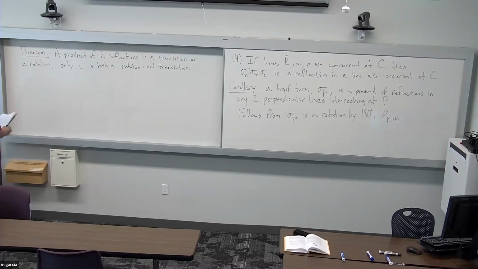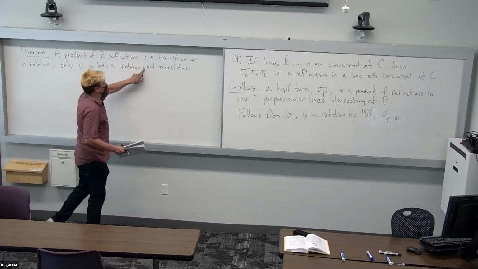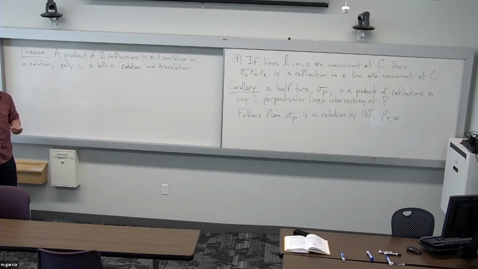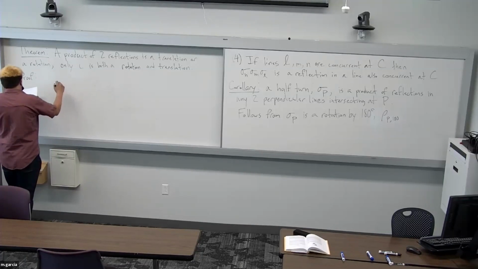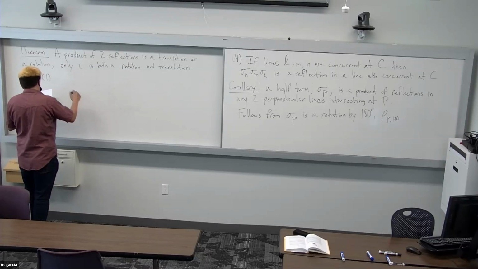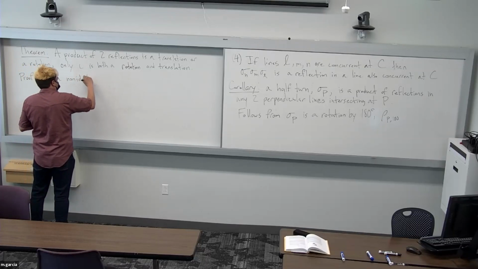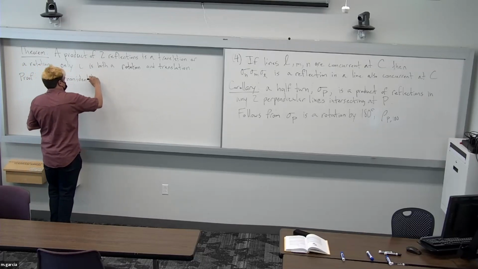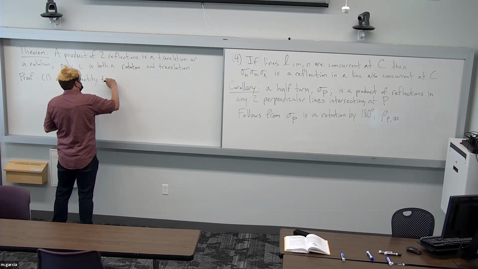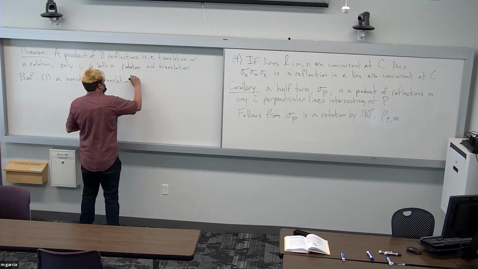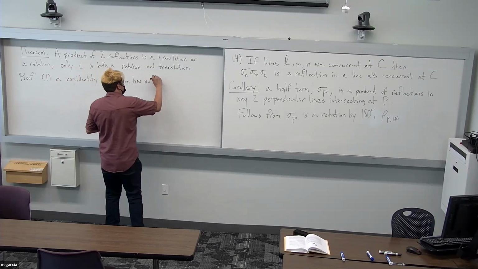Okay, so this basically just follows from looking at what fixed points, what types of isometries have what types of fixed points, right? So let's just say really quickly. One, a non-identity translation has no fixed points.